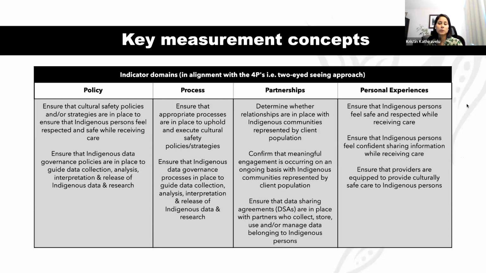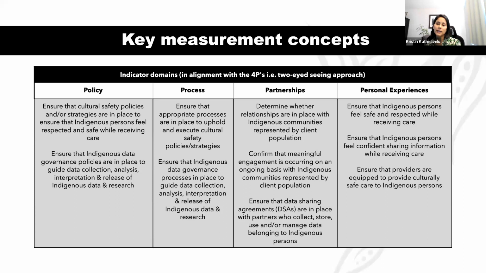Partnership indicators determine whether the right degree of relationships are in place with Indigenous people, with Indigenous communities, but that's represented by that organization's client population. As opposed to saying whether or not partnerships exist, we also want to speak through these indicators as to whether meaningful engagement is occurring.